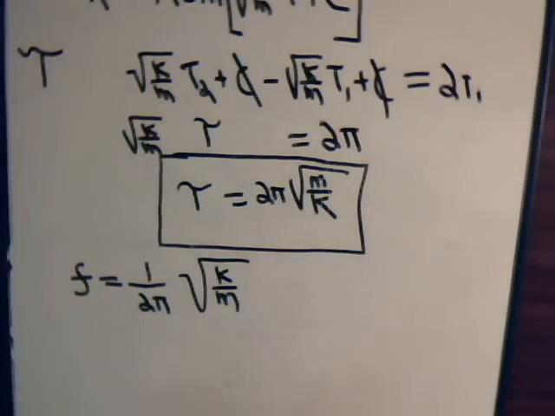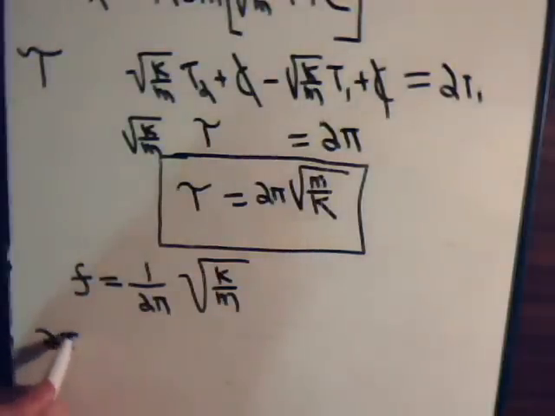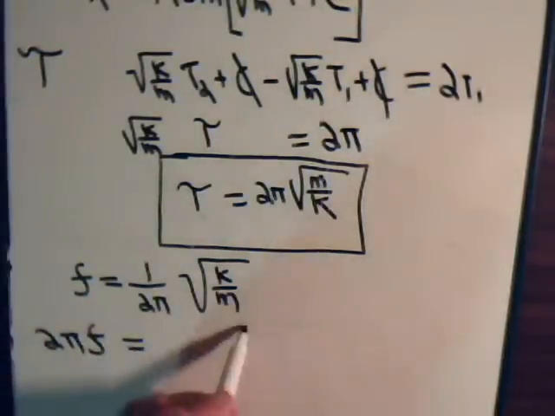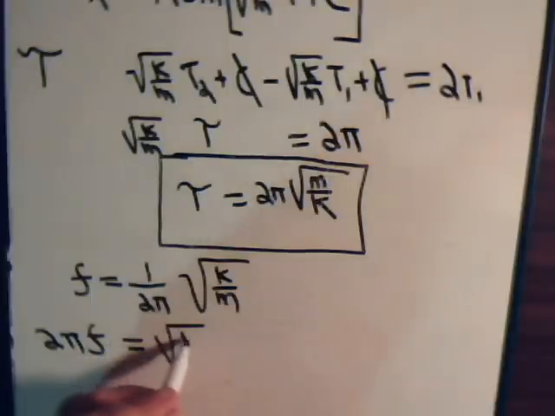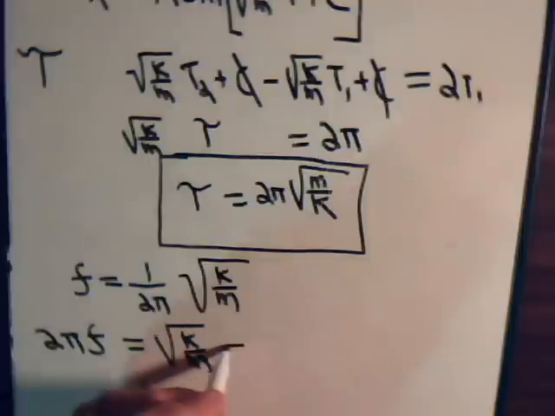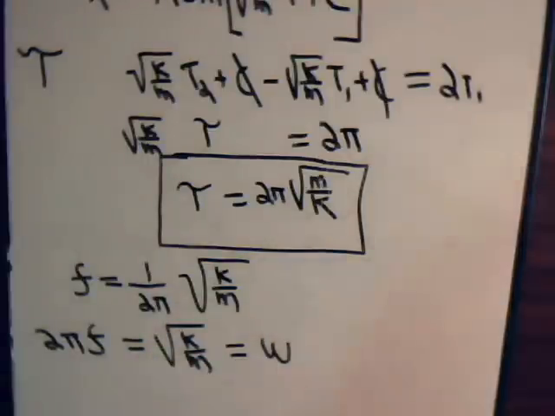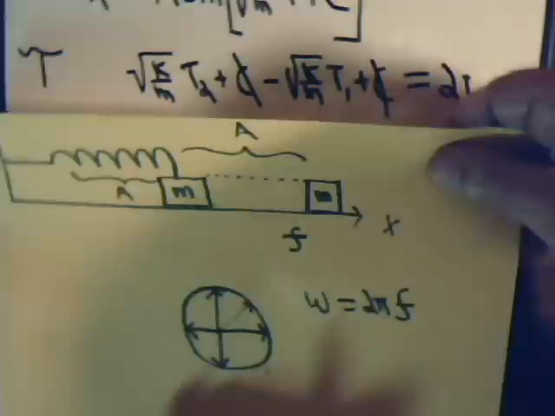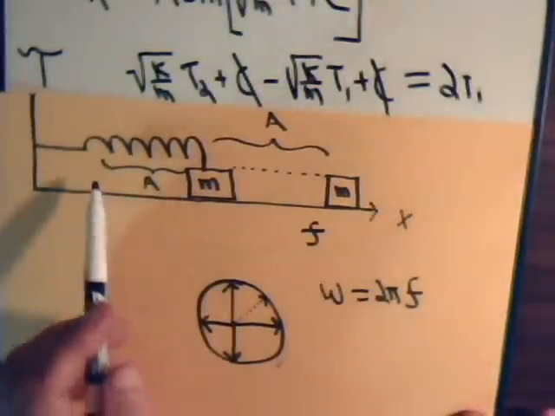We want to go to here. This is what the frequency is for the block going back and forth, 2 pi f. That's just this, the square root of k over m. And that's supposed to equal the angular frequency. So here's our system going back and forth.